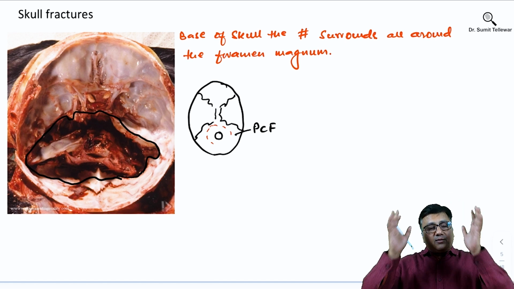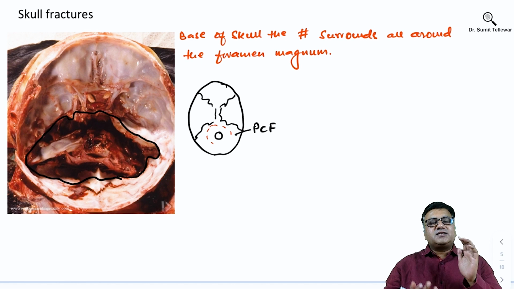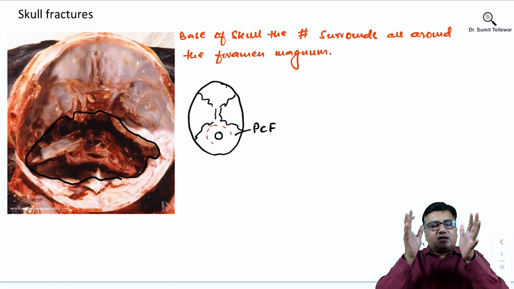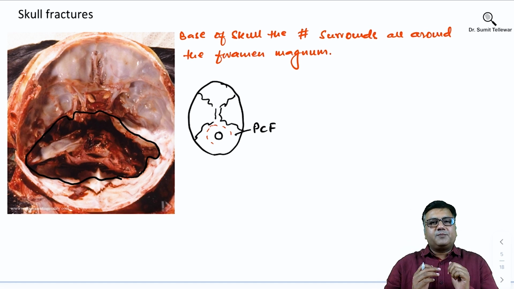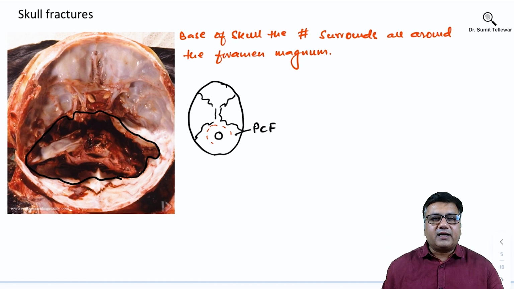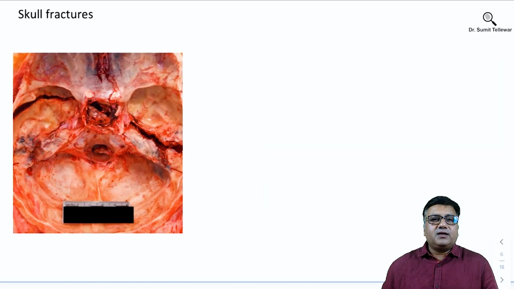Because when a person falls from height and he lands on his feet or on his buttocks, the force of landing is transmitted through his vertebral column, which goes and hits the base of the skull, because base of the skull is resting on that vertebral column, right? And that force leads to cracking of the bone all around the foramen magnum, known as ring fracture, pathognomonic of fall from height.